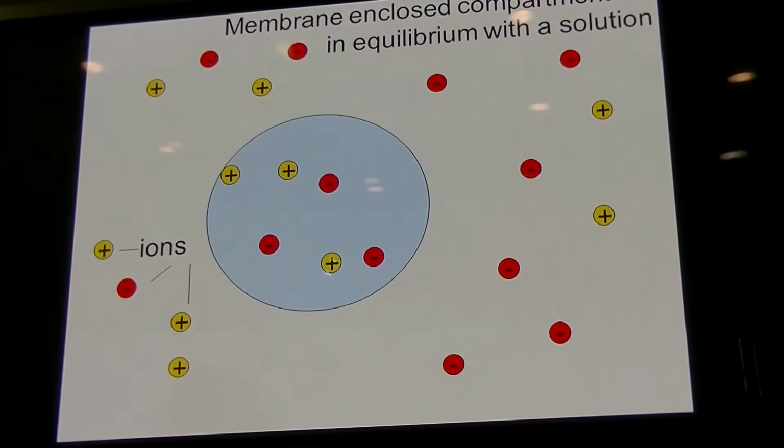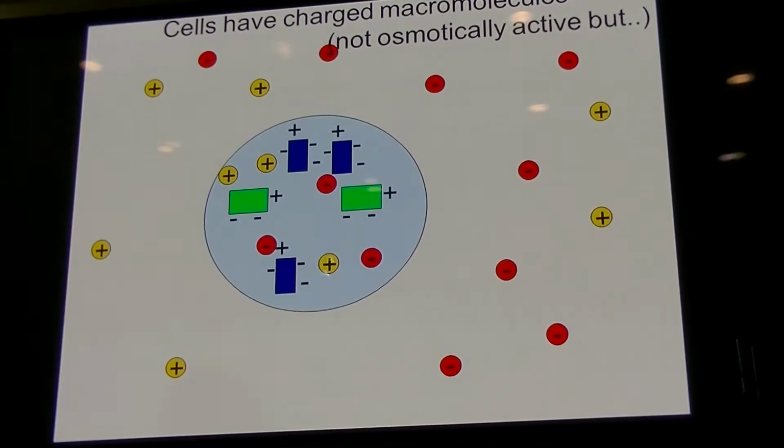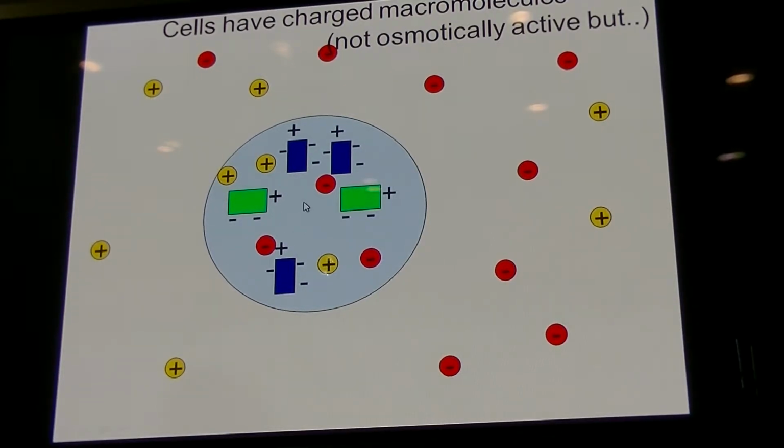Life has macromolecules. There are macromolecules within the cell. DNA, RNA, proteins. Those are charged macromolecules, and those charged macromolecules bind ions, causing the equilibrium in the cell to be non-existent.